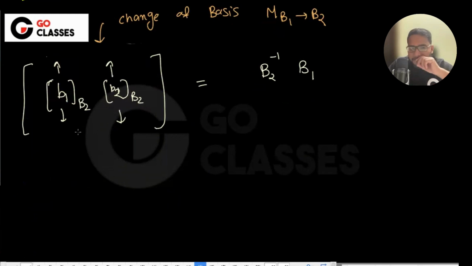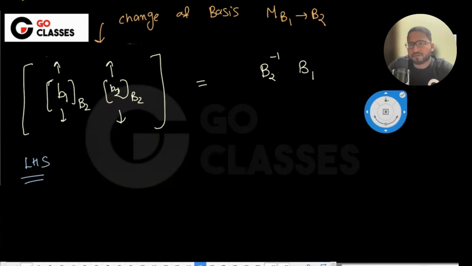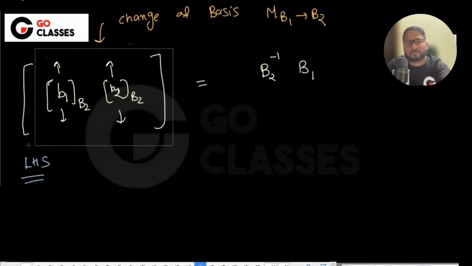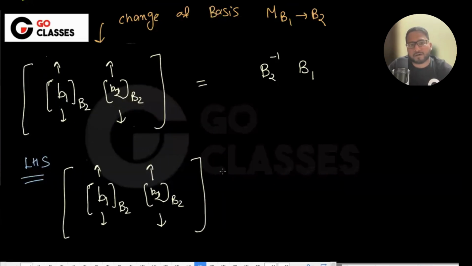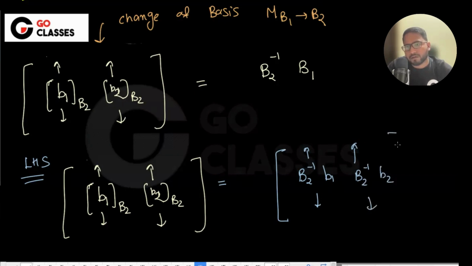So this is the LHS part. Let me write the LHS part. This is nothing but, as you can see easily, this LHS part is nothing but, you can say, B2 inverse B1. This is B2 inverse B2. Is this fine to everyone?